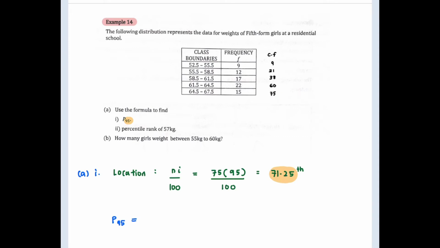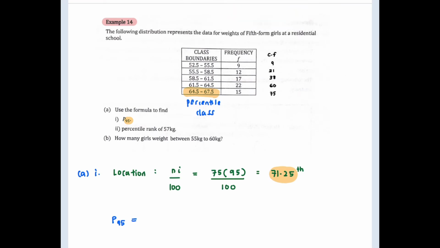So 71.25 falls under the last class. So we are going to refer to this class only. This is your percentile class. If you find the median, it is the median class. Mode is the modal class. So percentile is the percentile class.